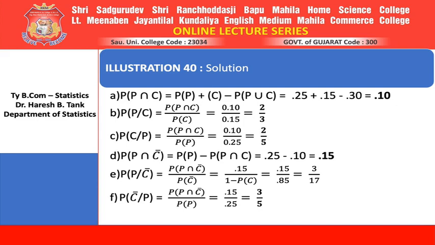So probability of P intersection C complement is nothing but probability of P minus probability of P intersection C. Now both these probabilities are known. It is 0.25 and 0.10. By deducting it, it comes to 0.15.